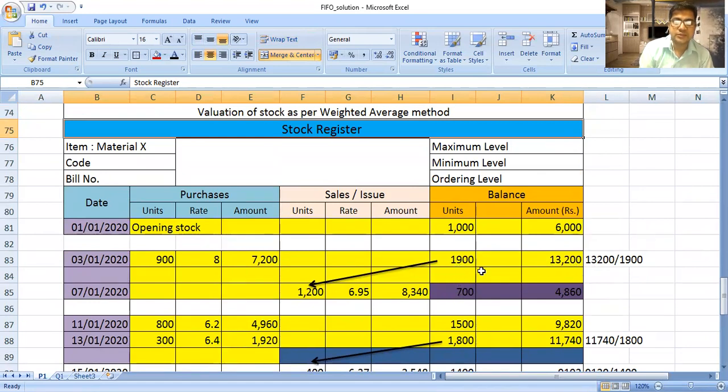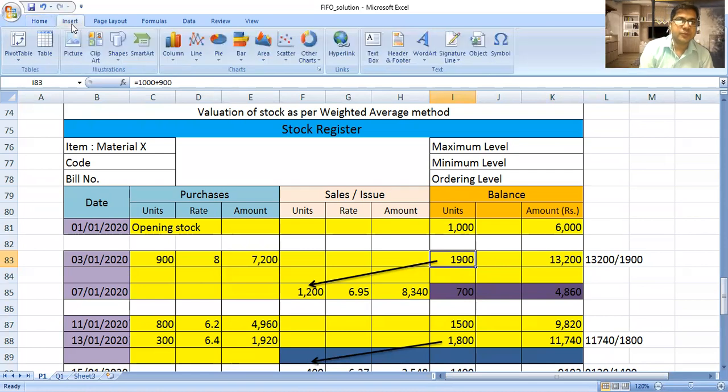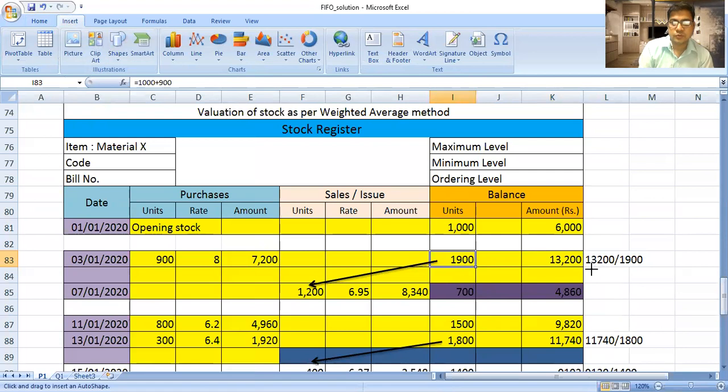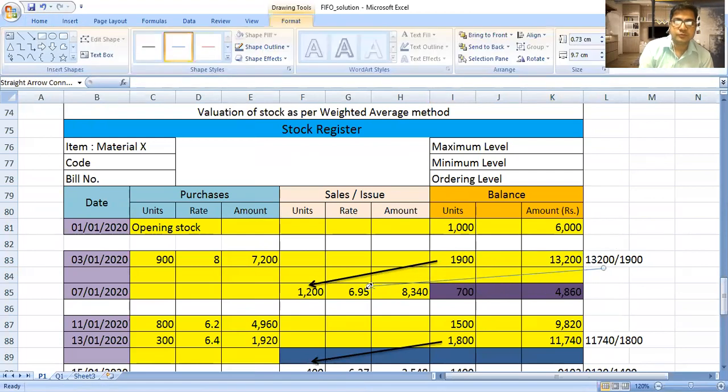The last day's weighted average, we calculate as the last day's total value in rupees divided by total value in units. You will get this particular value.